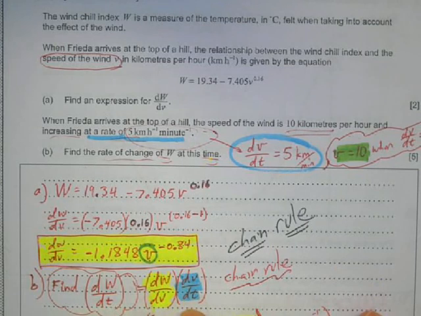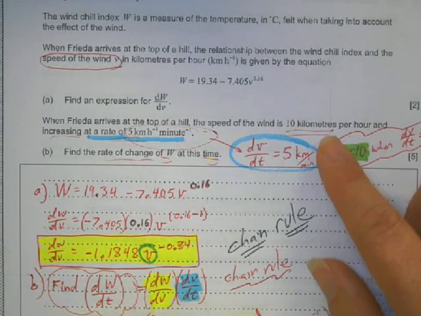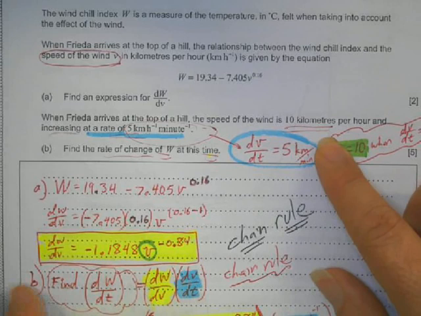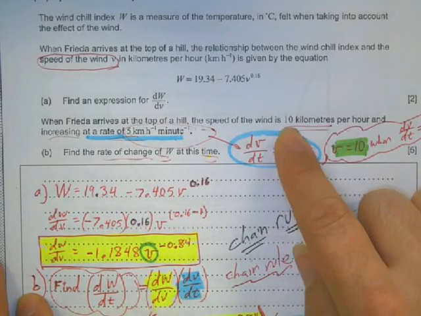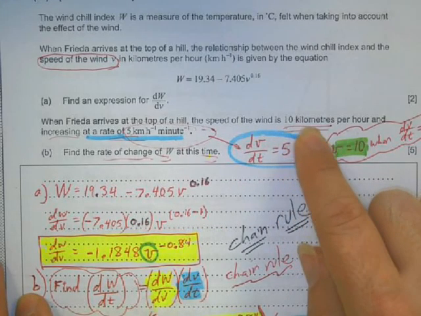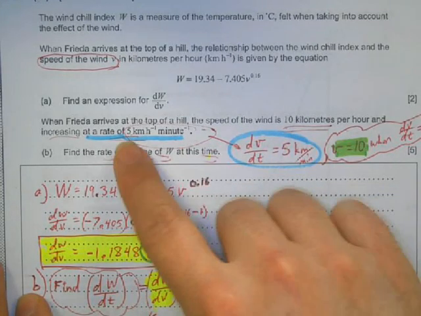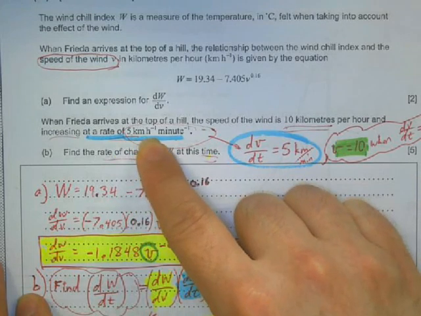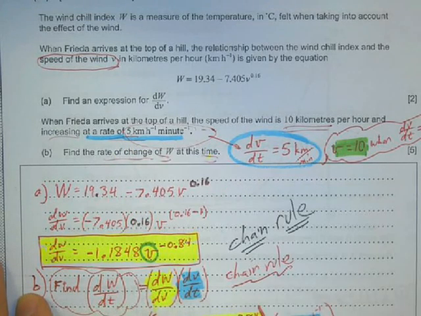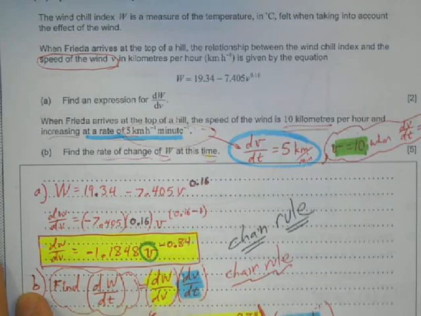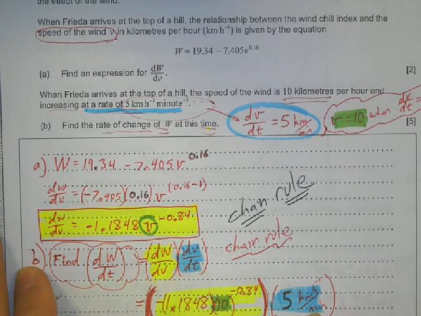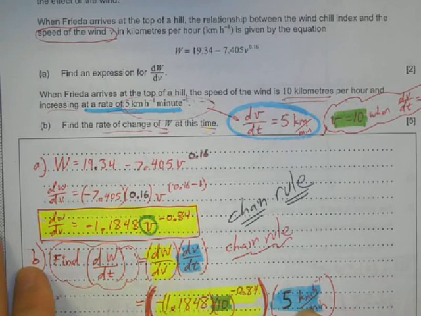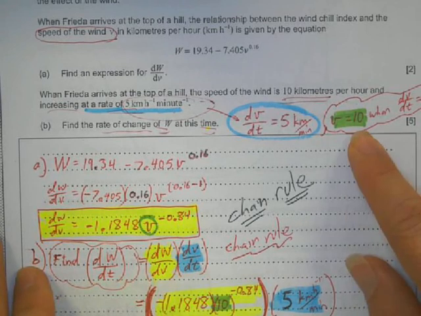And dV/dt, they've already told you right here that when she starts at the top of the hill, when the wind is 10 kilometers per hour, the rate is increasing at 5 kilometers per hour per minute. So dV/dt is 5 kilometers per hour per minute, and this is happening when the wind speed is 10.